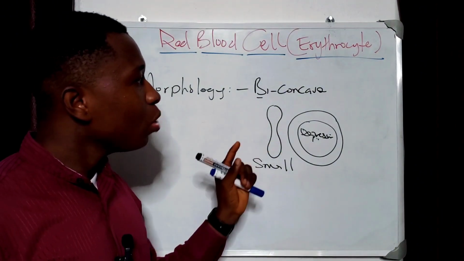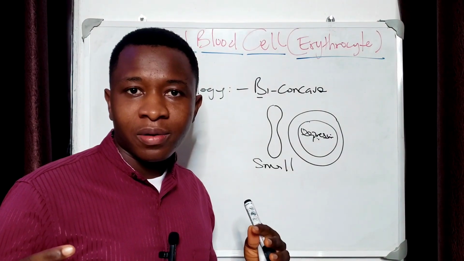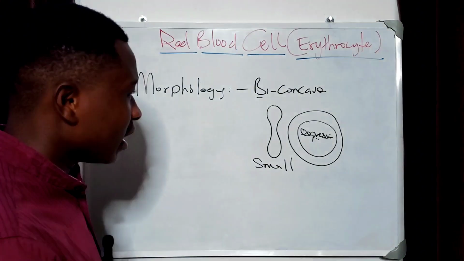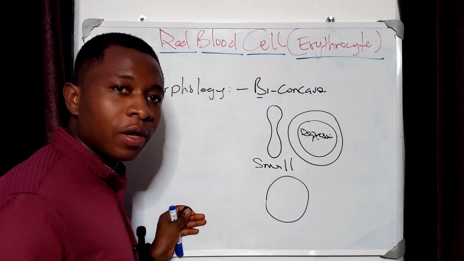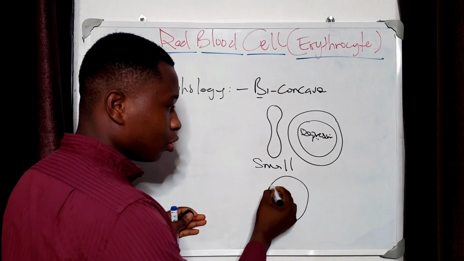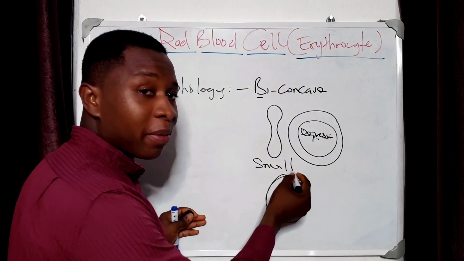Now it also helps to increase the surface area with respect to the volume. Okay, so just imagine a cell that is round. Before a molecule will move from this part to maybe this other part where it is needed, it will take a lot of time.